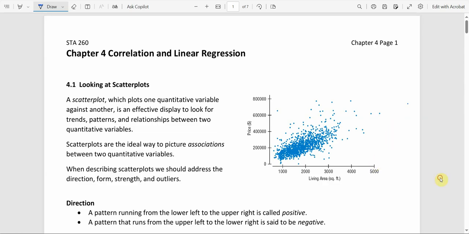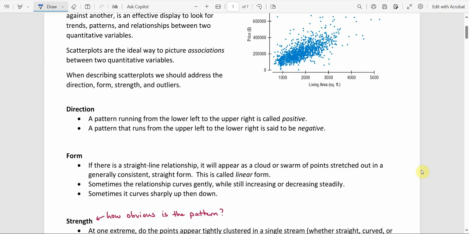Form, I'm going to scroll down a little bit here. Form is basically going to be, is it linear or is it curved? If the overall pattern looks relatively linear, it doesn't have to look like a perfect straight line, but if you were going to draw in sort of a best fit curve, so to speak, and it ended up being a straight line, that's a linear enough pattern.